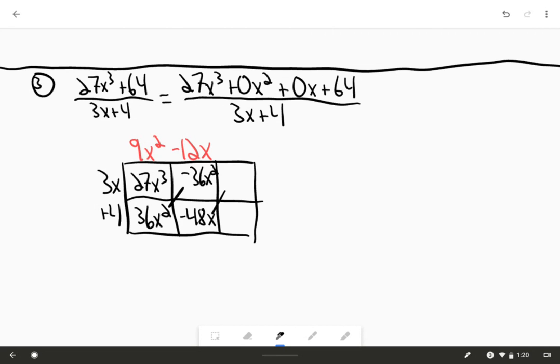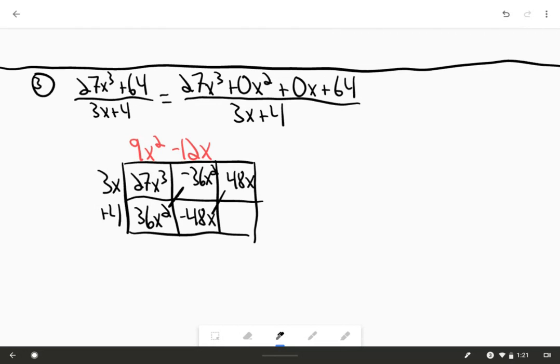Okay? Now look at the diagonal. Once again, I have negative 48x, but I need 0. So I have to make this 48x in order to get 0x, right? In order to combine that.